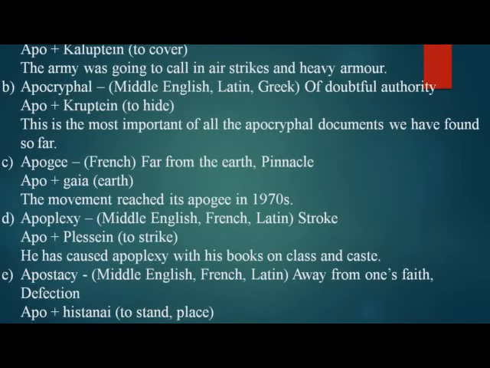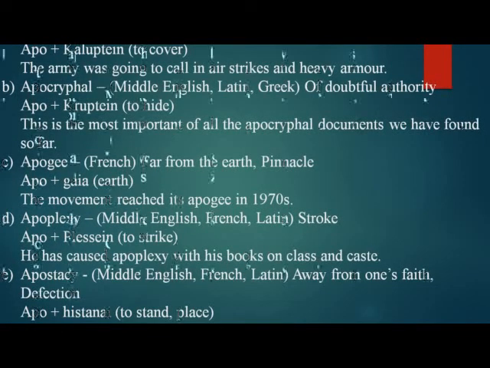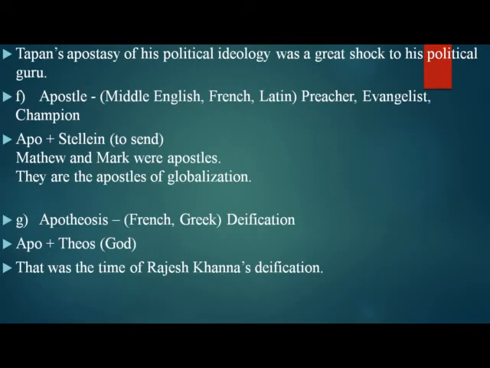It means defection or desertion, abandoning. Now you can see here, Tapan's apostasy of his political ideology was a great shock to his political guru. Guru is teacher. So when he deserted his political ideology, that was a great shock to his guru.